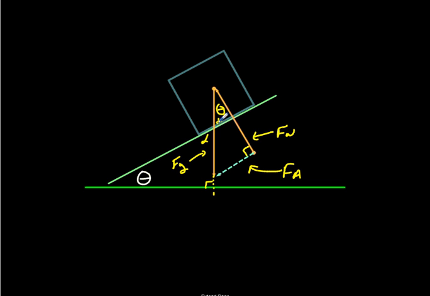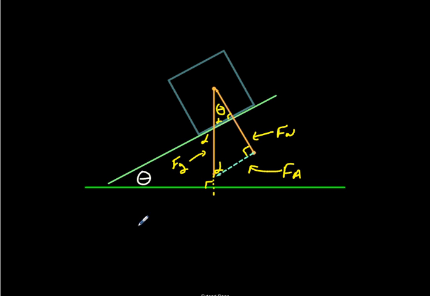If that's alpha, then that has to be theta up in this corner, right? Since these triangles are cut perpendicularly, this value should be the same as this value, because these two lines are perpendicular. So we can prove by geometry that these two theta values are the same. Does that make sense?